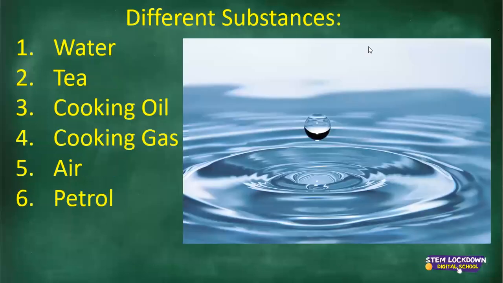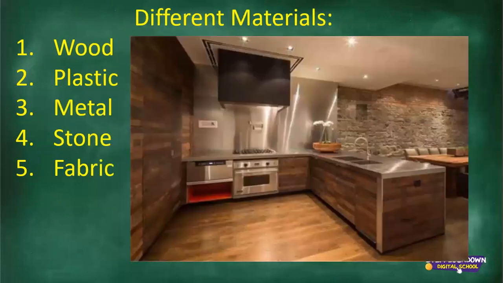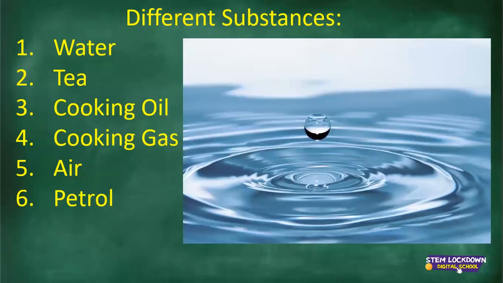So there are different substances around us that we use each and every day. A few of them are, for example, water and tea, cooking oil, cooking gas, and air. Air is also a substance, and also petrol. They're also fabric chairs.